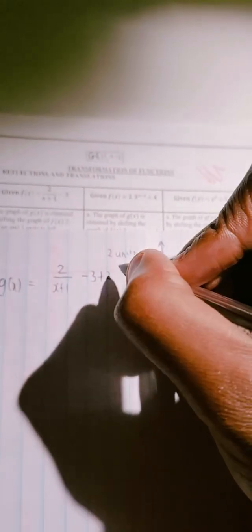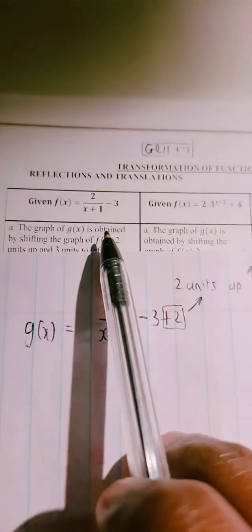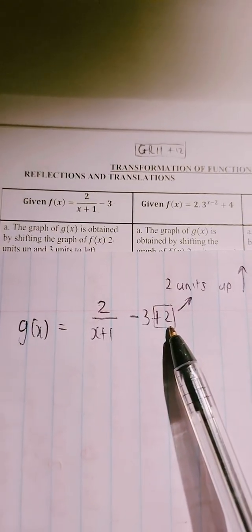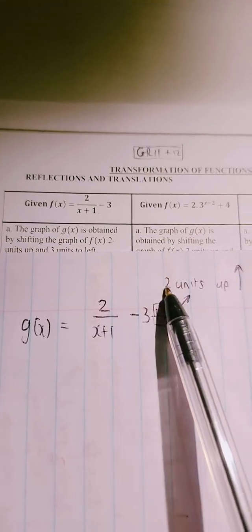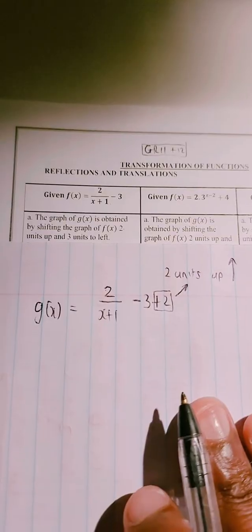So we are going to say +2, because 2 units up means we add to the q value. Very good. Okay, we add, so q is affected. All right, very good, Billy V. That means our new q value is going to be -1. Okay, let's leave that one.